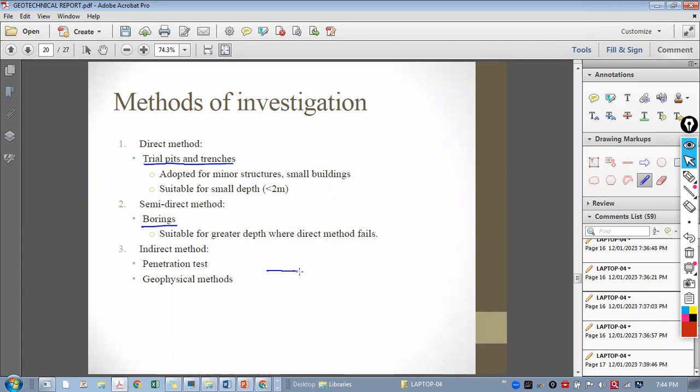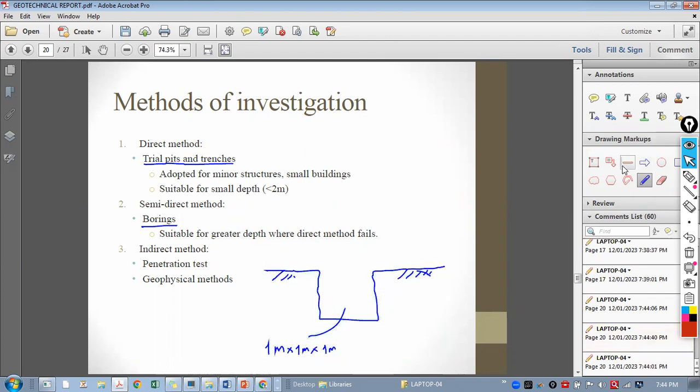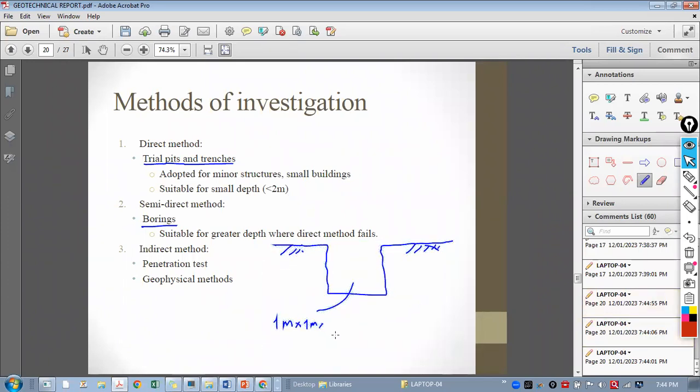So what we do generally, if this is the ground, then we can take a trial pit of, let's say, 1 meter by 1 meter by H. One meter width, 1 meter length, and H. The depth depends on the hard strata; we dig till the hard strata.